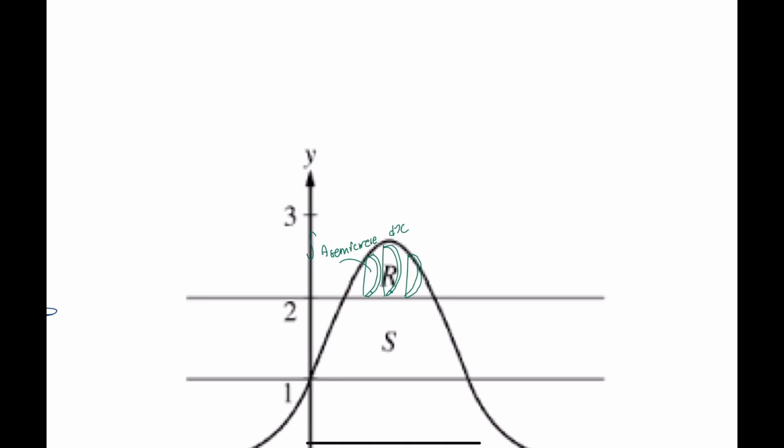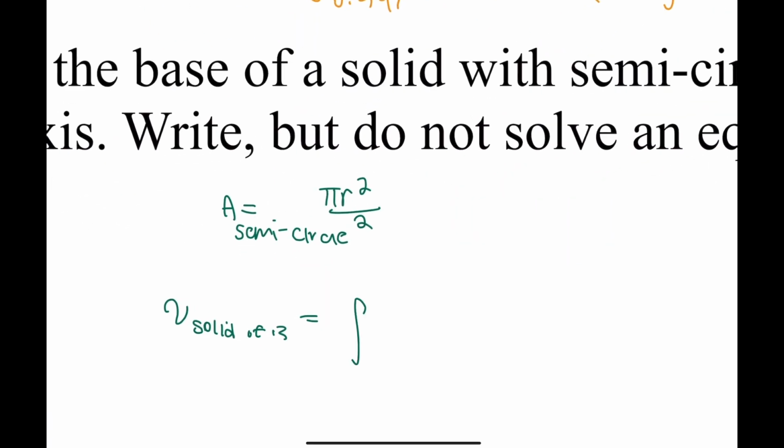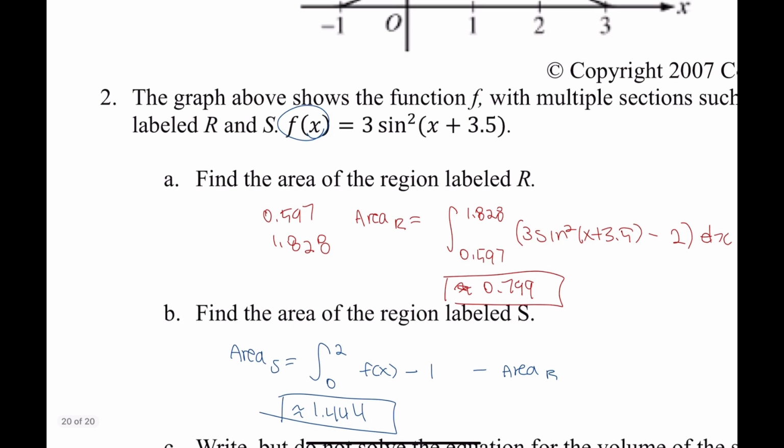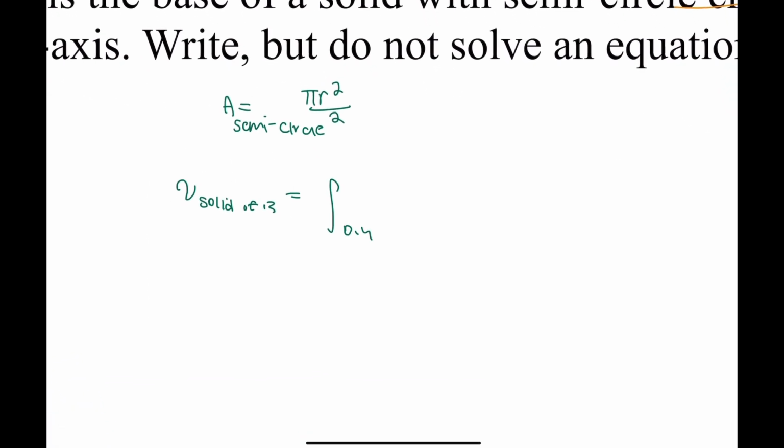By doing the integral, we're combining the thickness times the area of the semicircle for each of these strips along the way. First we set the interval, which would be 0.597 to 1.828.